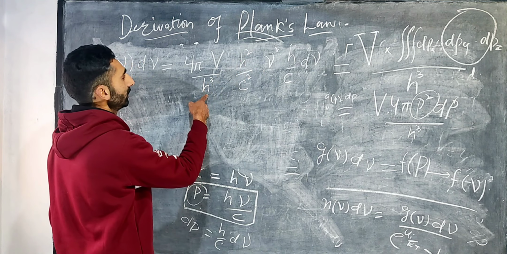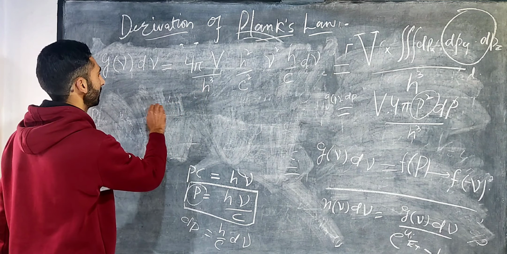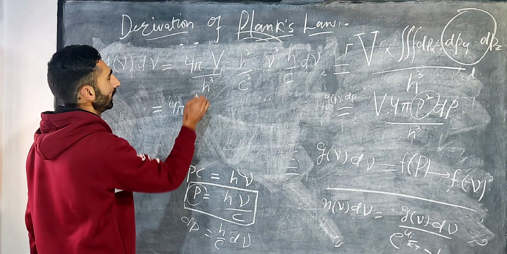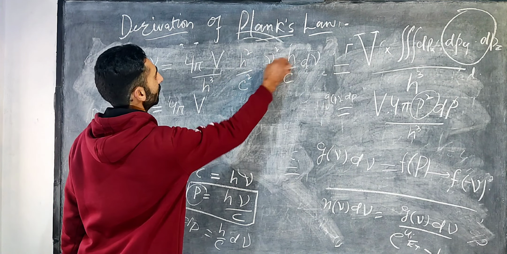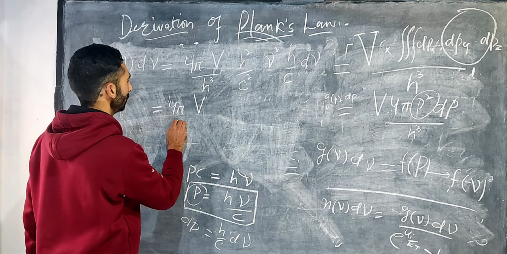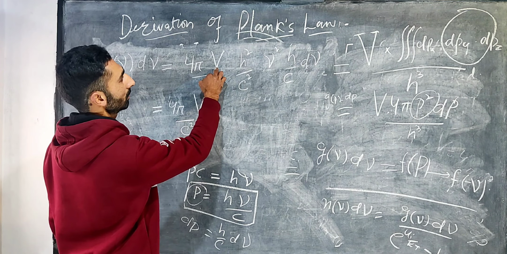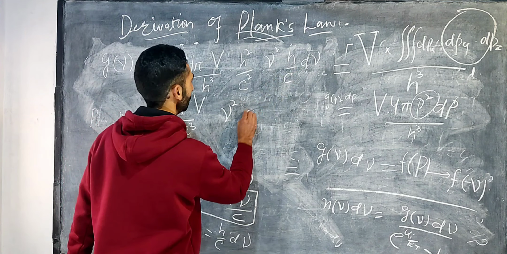Here h squared and h cube, h squared vanishes. We are getting the result as 4 pi V divided by h cube, and h cube goes, we'll get c squared times c, that is c cube. What is remaining behind is V nu squared d nu.